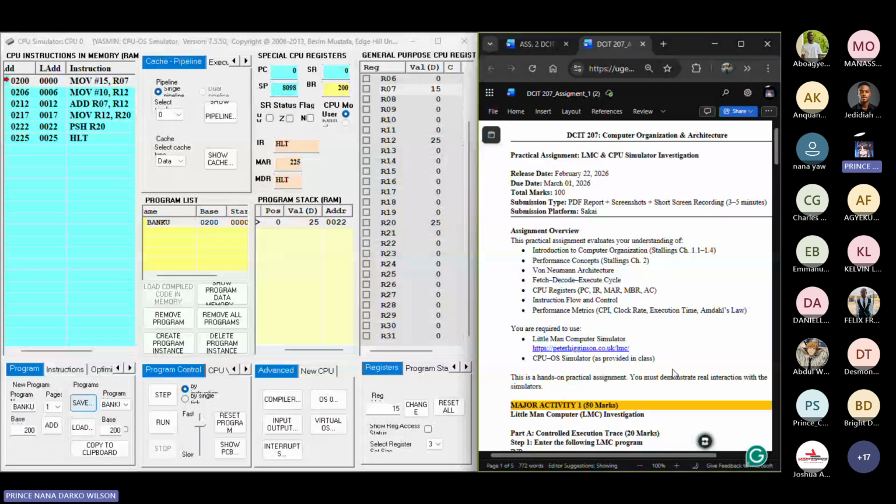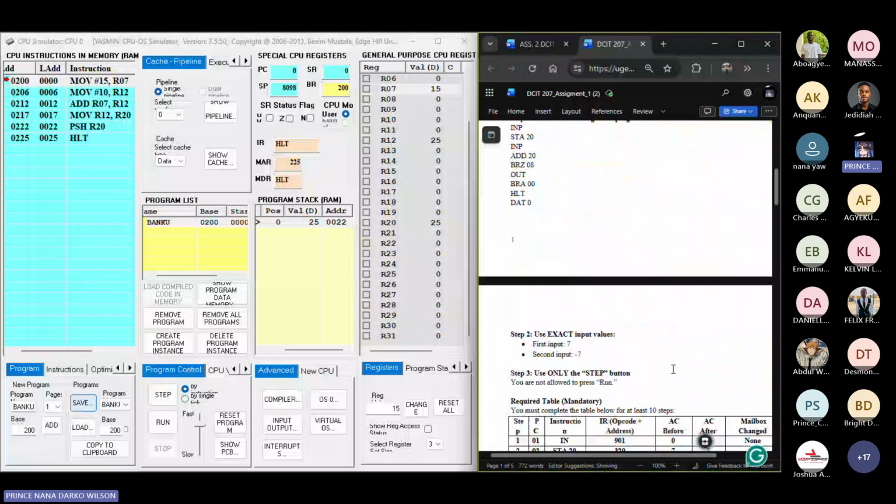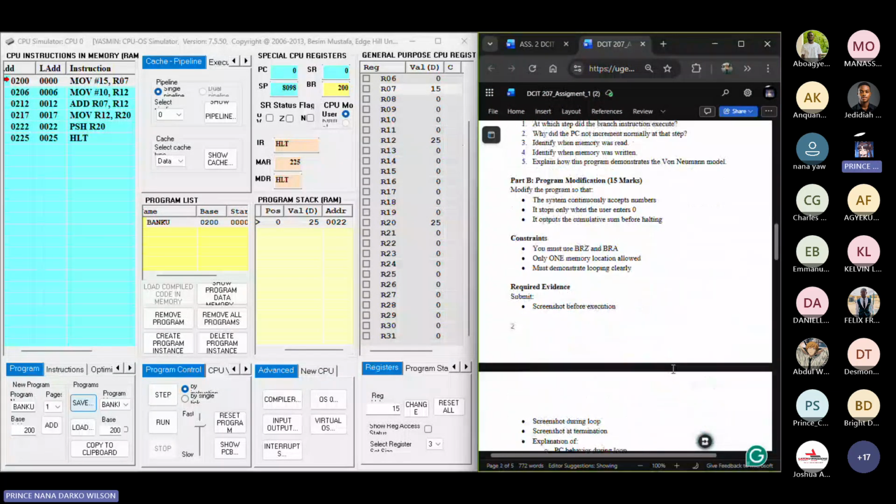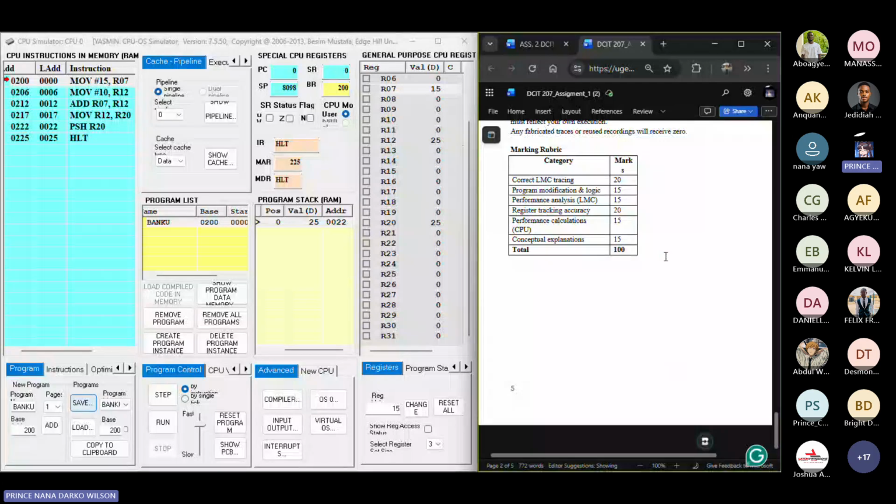Oh, the reading report. You go to your Stallings manual and read chapter 1.1 to 1.4. After reading it, make notes on what you have observed from those sections. He did not specify how exactly the notes should be, but it should be your understanding of what you have read, put in text form, and then you submit the PDF.